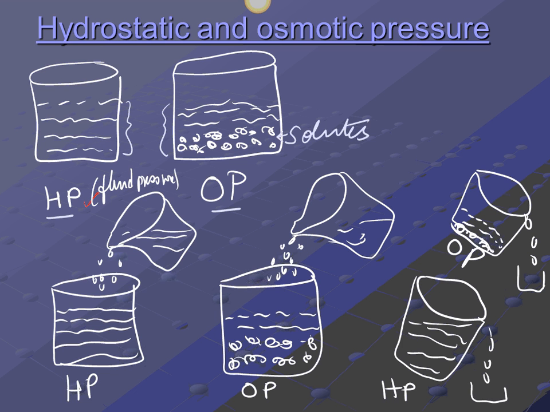Osmotic pressure is dependent on the presence of solutes. For example, if you take salt and dissolve it in water, the sodium and chloride are the solutes in it, and the water is the solvent. The greater the solutes, the greater the osmotic pressure.